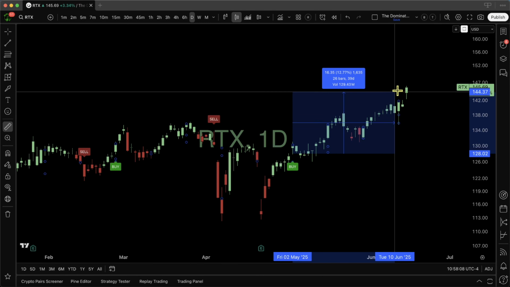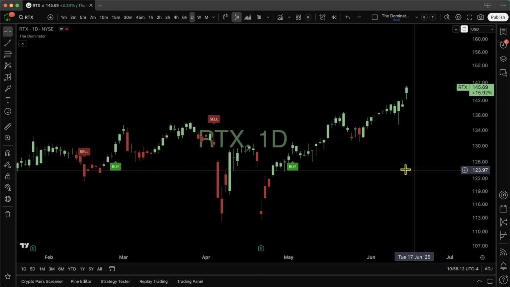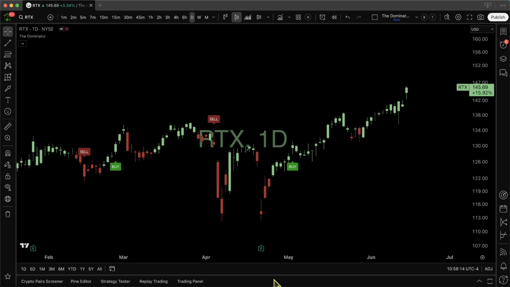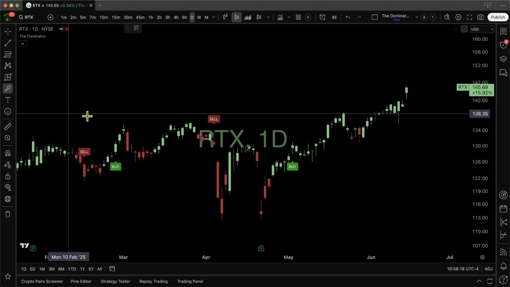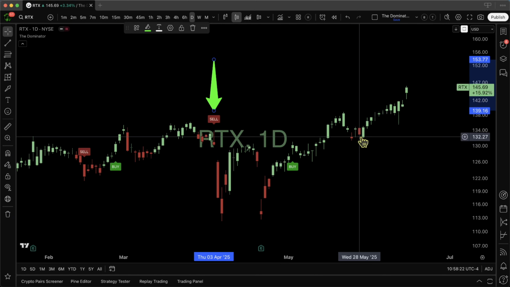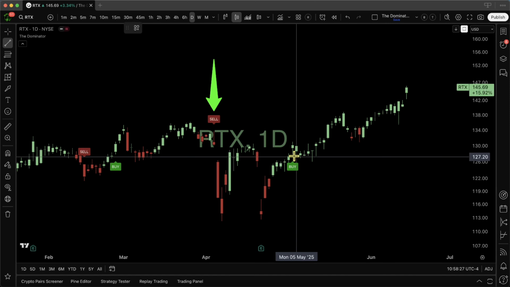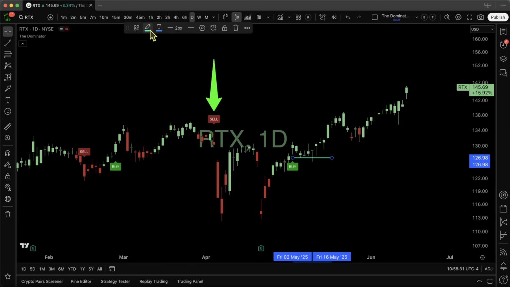Now, there are a few reasons I stayed in this stock, guys. And look at this. I'm just going to show you the stock's up about $18 already. So here are the things that you want to look for when you are swing trading, guys. Number one, I don't have a sell signal, so I am staying in the stock. Number two, we have established some serious support lines here, guys.